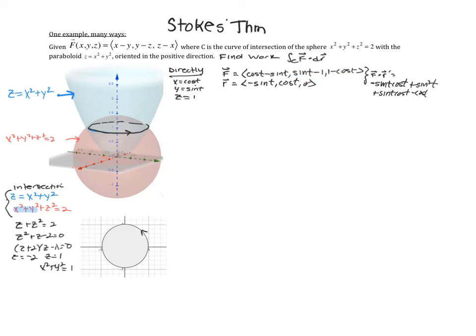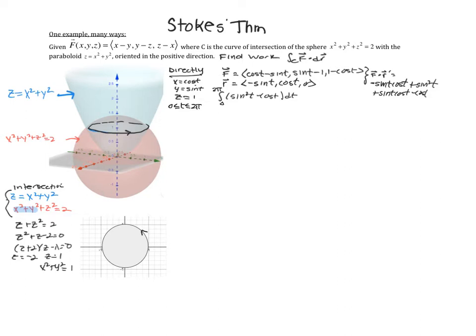So the sine cosine terms cancel, and I get sine squared t minus cosine of t dt, and this is the whole circle, so t goes from 0 to 2 pi. So that's not too hard to do directly.